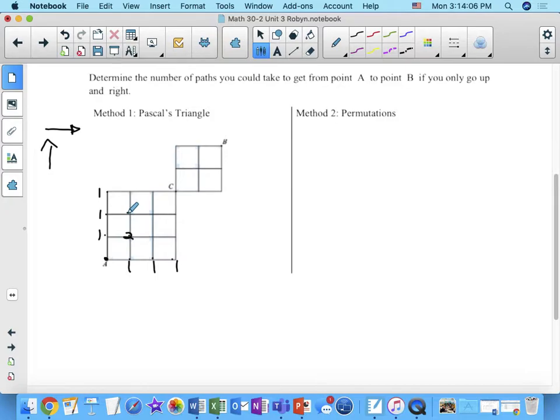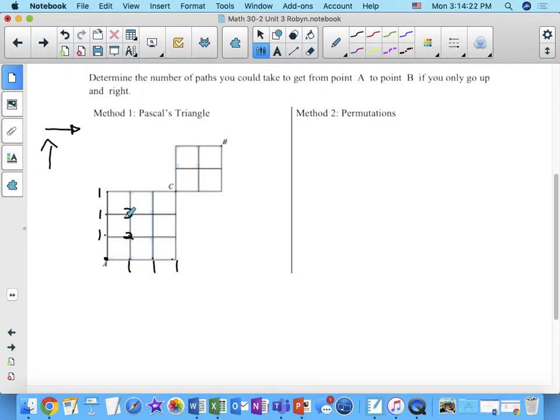If I can only go up and right, then I'm coming from down and left. So I would have had to come from here, and there's 2 ways to get to here, or here, and there's 1 way to get to here. So in total, this spot, I can get there 3 ways.